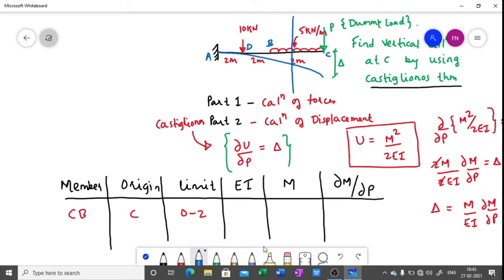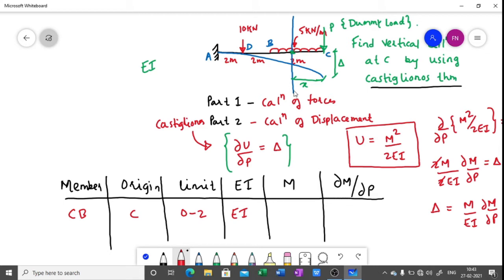Since C is the origin, distance X will be from C. At this particular point, I want to find the moment, so I have to go from C to the section. The value of EI is not given here, so we'll assume that EI is constant, one EI for the entire beam.